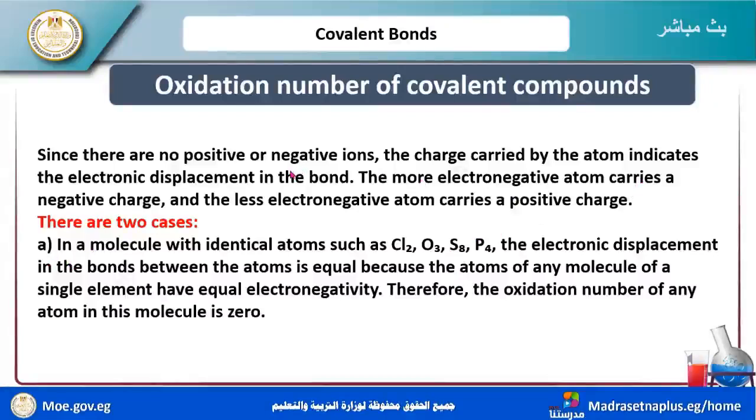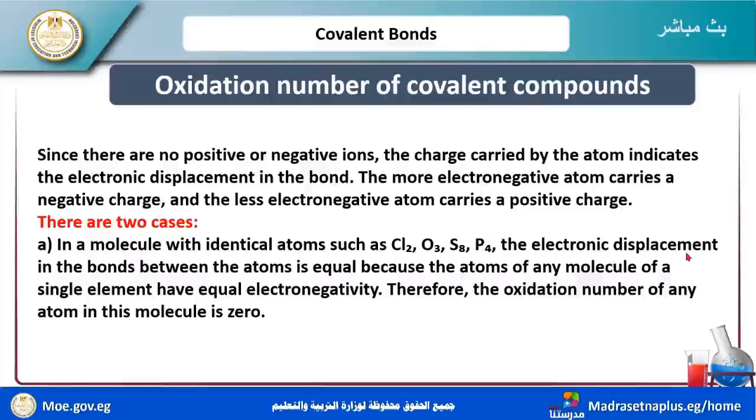There are two cases. We have molecules with identical atoms such as chlorine, oxygen, ozone, sulfur in vapor state, and phosphorus in vapor state. The oxidation number of these is zero.